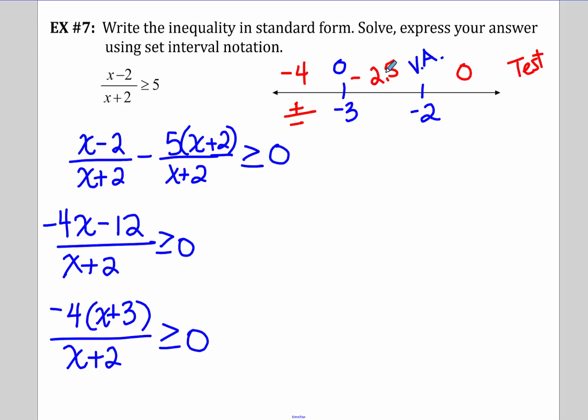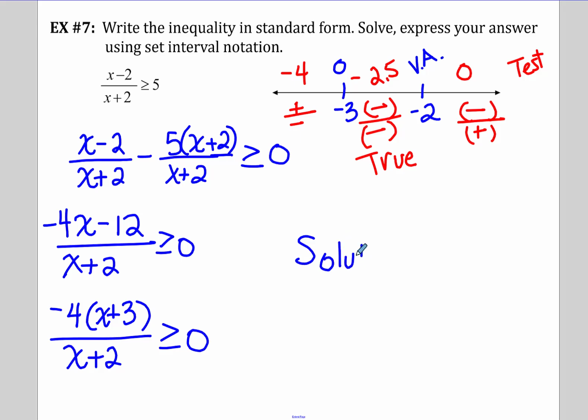Plugging in a negative 2.5, we're going to get a negative in the numerator and a negative in the denominator. So this is a true section. And if you substitute 0 into our expression, we're going to get a negative in the top and a positive in the bottom. This is my only true section.